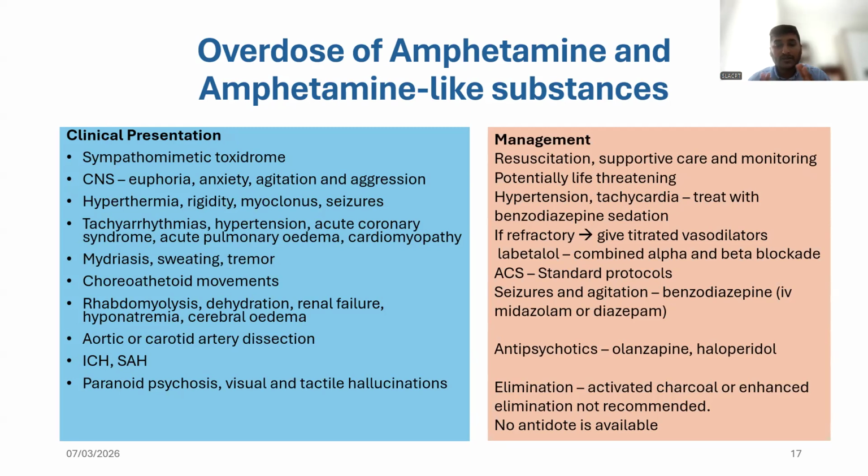And labetalol has a place because it has combined alpha and beta blockade. If we give a beta blocker in the first place, the patient will go into crisis. Sympathetic drive will further increase.